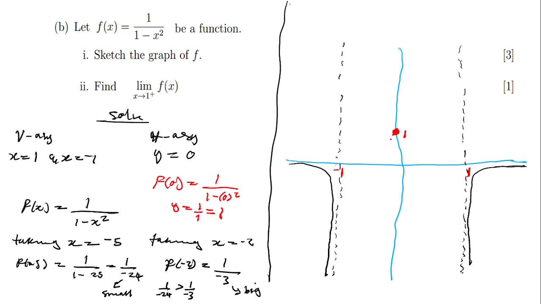So 1 is there. So if you put a number which is close to -1, okay, if you get a number, let's say -0.5, okay, -0.5 squared. What is -0.5 squared? It won't exceed a 1, because that's 0.25.